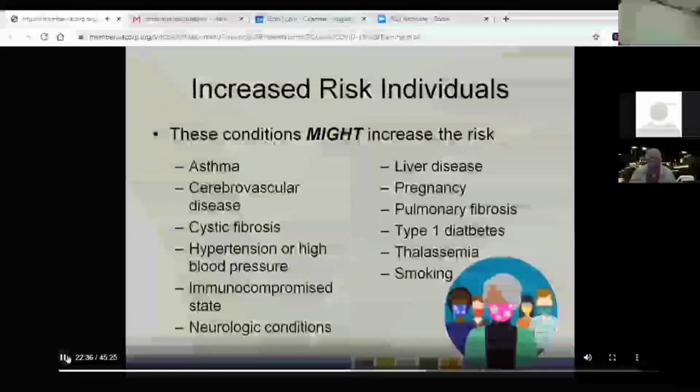We're looking at things like asthma, smoking, pulmonary fibrosis, things that are affecting the lungs. This is a respiratory disease, so it would stand to reason that you might be a little bit worse off if you have one of these conditions to begin with. But again, the jury's still out, so to speak. We haven't really seen it play out quite the whole way.